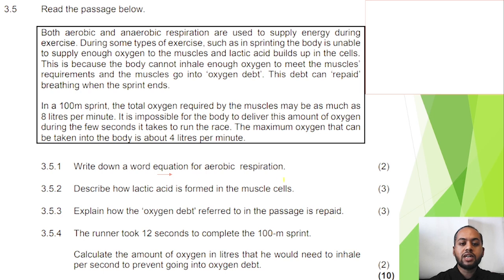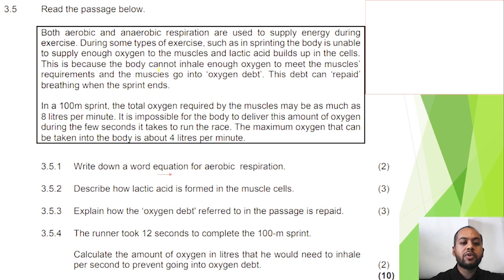The first question taken from our exam question papers, we will look at question 3.5. The instruction says read the passage below. Both aerobic and anaerobic respiration are used to supply energy during exercise. During some types of exercise, such as sprinting, the body is unable to supply enough oxygen to the muscles and lactic acid builds up in the cells.